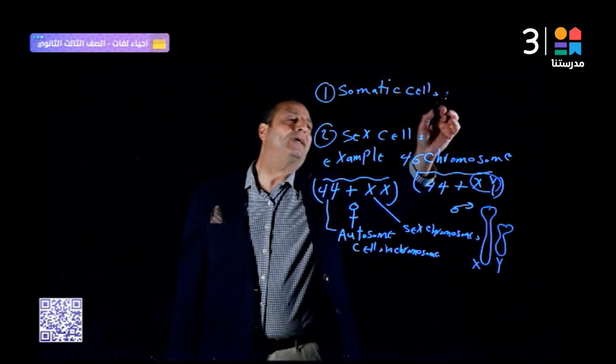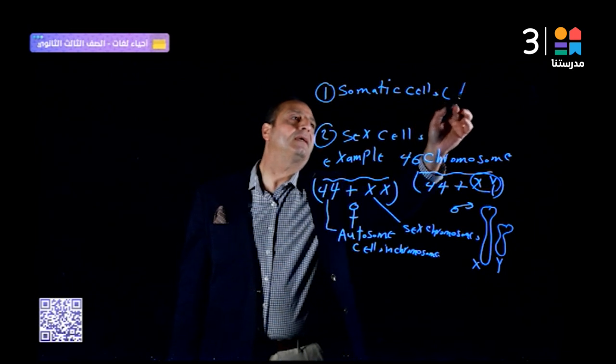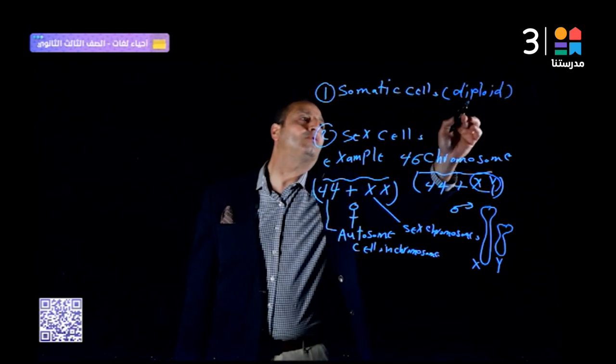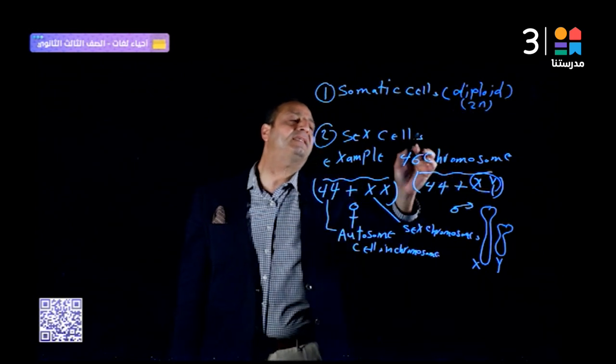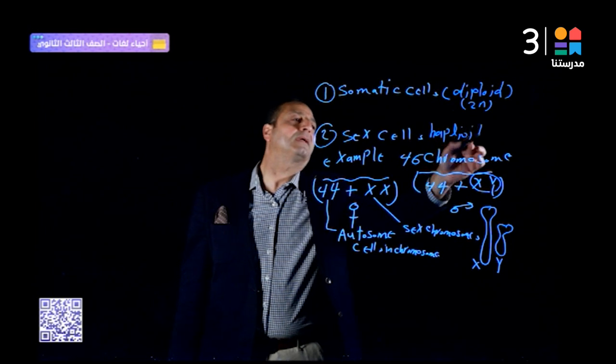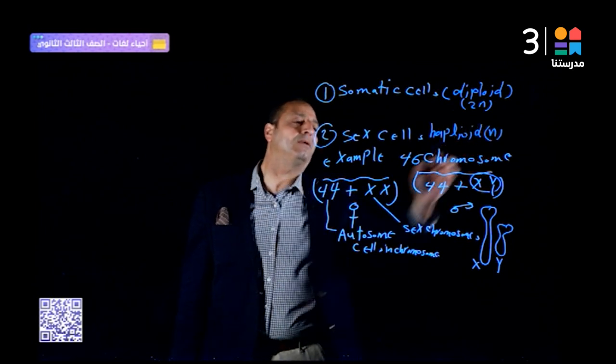Somatic cells, diploid, 2N. Sex cells, haploid, N. Okay?